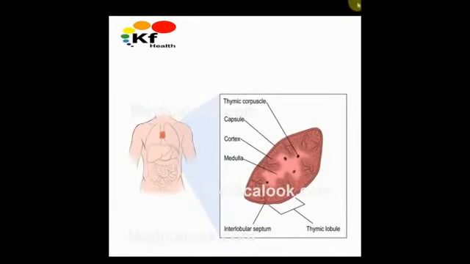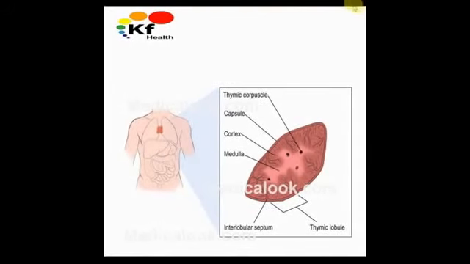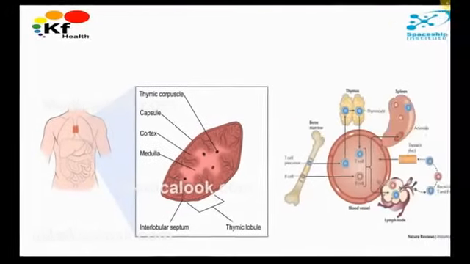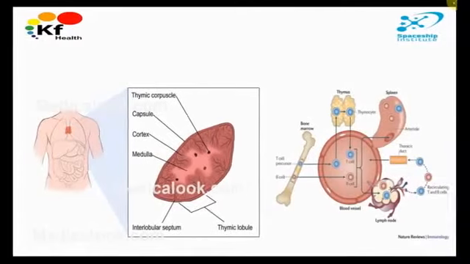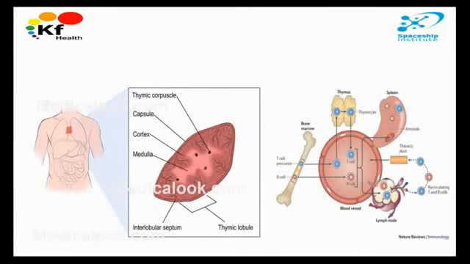Actually, on the right side of the picture, you see stem cells, progenitor cells from the bone marrow, that mature at some stage and go into the blood, and through the circulatory system reach the thymus.